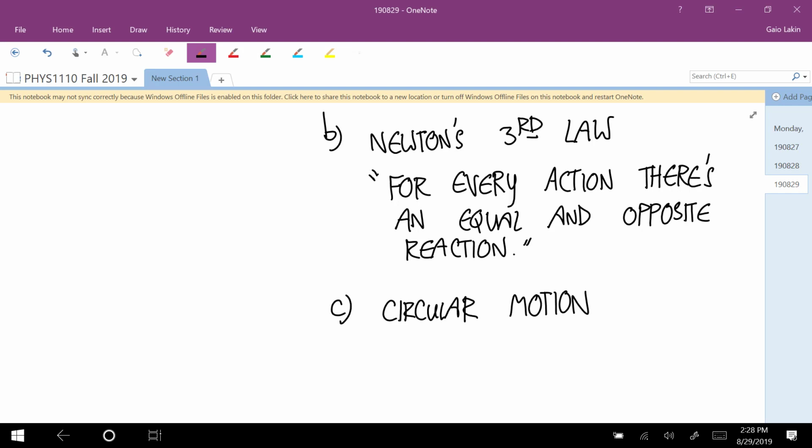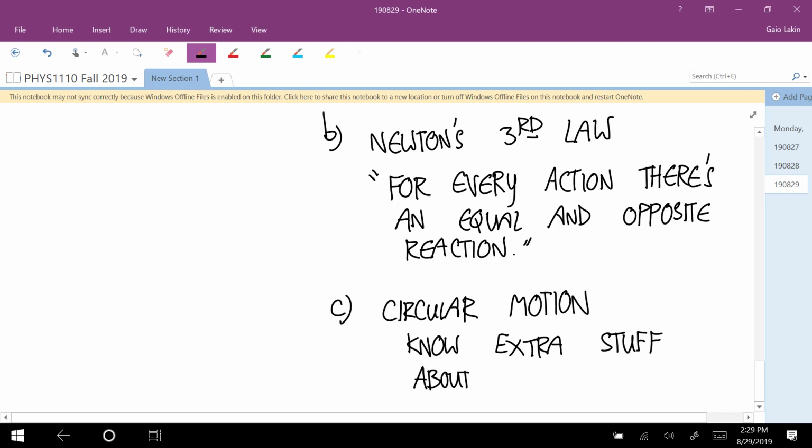But the basic idea is that if we know something's moving in a circle, that's enough for us to calculate a lot of important stuff about acceleration. And then we can use that with our kinematic equations. So I'll just say, if you know something's in circular motion, you know extra stuff about it, and then you can use that to solve for other things that you want to figure out.